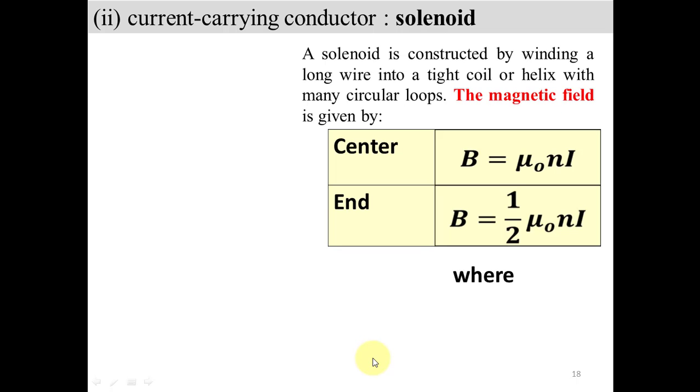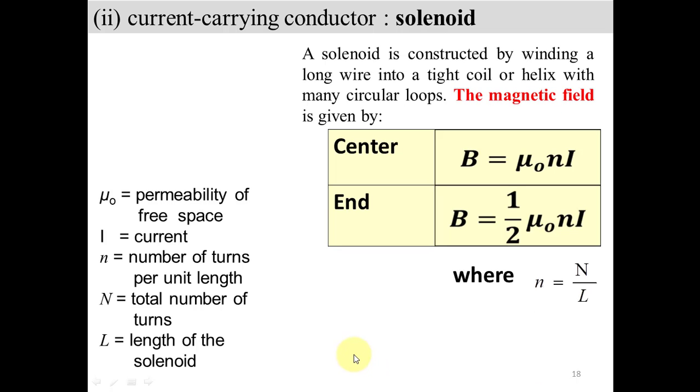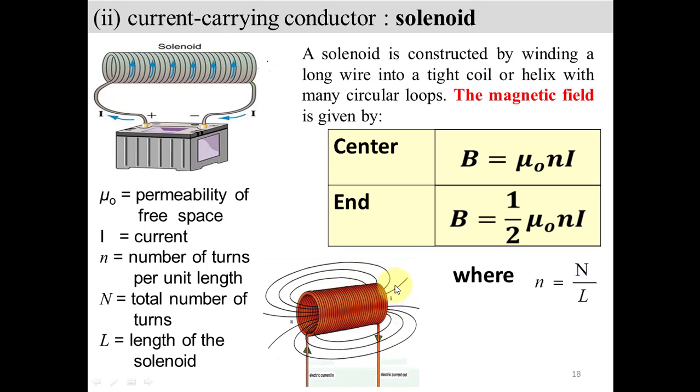Right, next we go to the solenoid. What is a solenoid? A solenoid is constructed by winding a long wire into a tight coil or helix with many circular loops. This also deals with circular coil, but that is more than one.